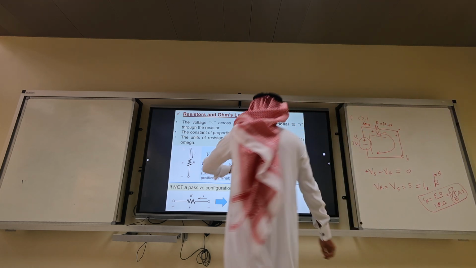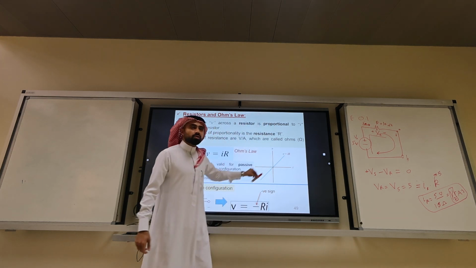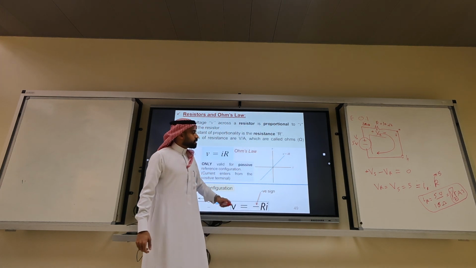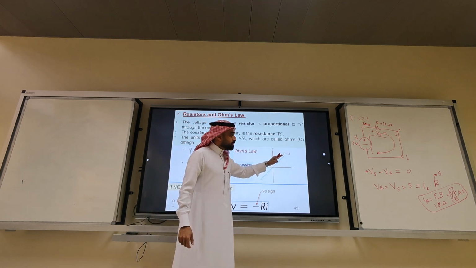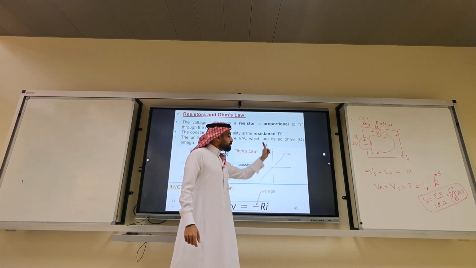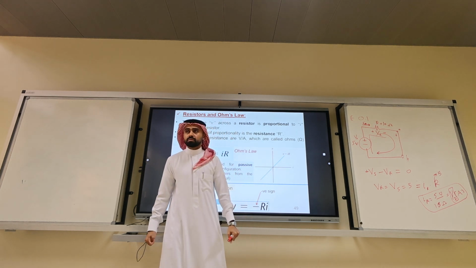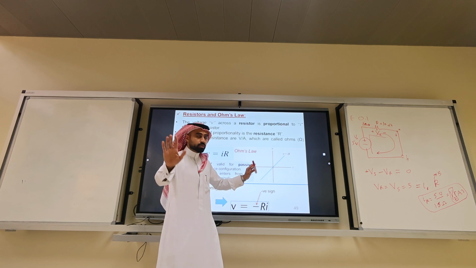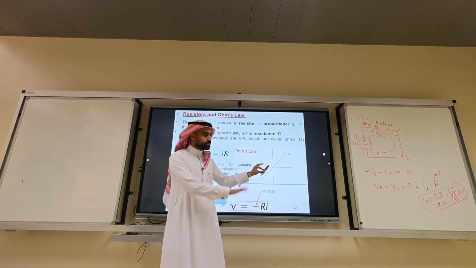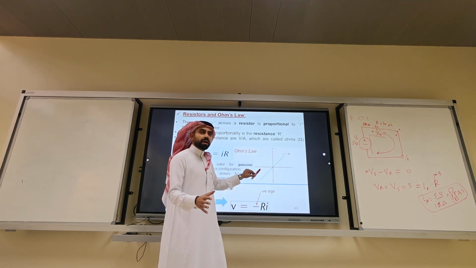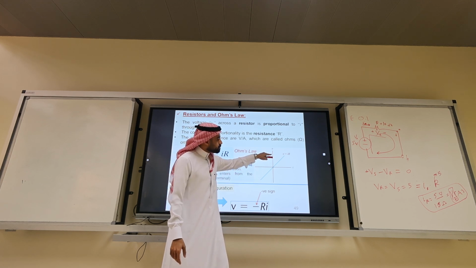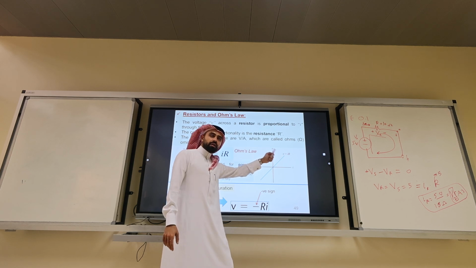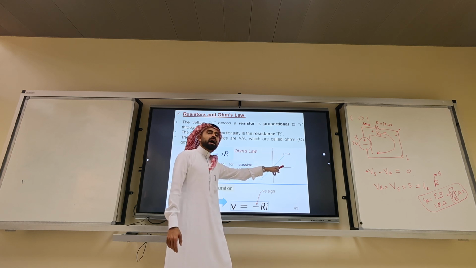So that's what we call a linear relationship. There is a linear relationship with the slope of the line: if you increase it, for the same amount of voltage, you will get less current. Again, focus with me. You don't need to know it, but if someone told you to explain Ohm's law graphically, for the same amount of voltage, if we increase the slope of the line, which is the resistance, we will have less current flowing through the element.